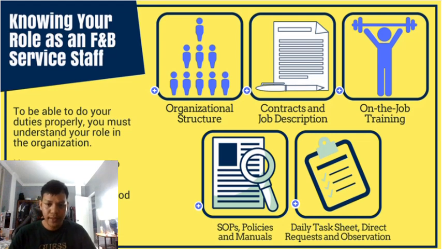Meanwhile, direct requests and observations will show you tasks that need to be addressed immediately, depending on the event or what you feel based on any given situation. So this is a regular daily task sheet, but sometimes the supervisor will give us a direct request. So you need to take note on the direct request and also the observation.